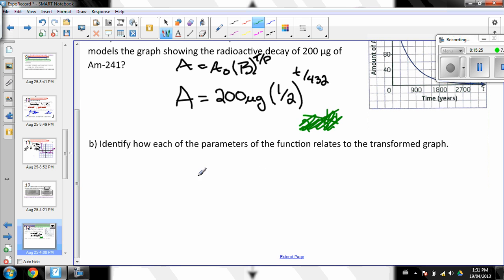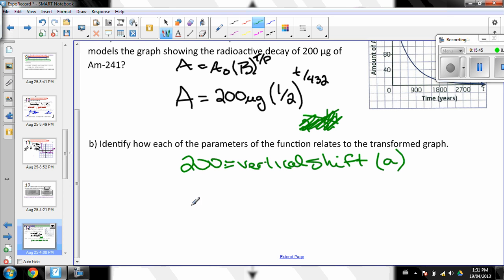So here they say identify how each of the parameters of the function relates to the transformed graph. Your 200 equals your vertical stretch. That parameter is A. And your 432 is your horizontal stretch.